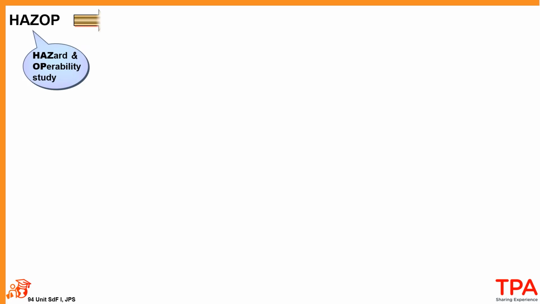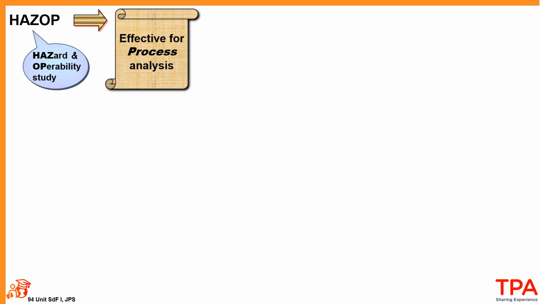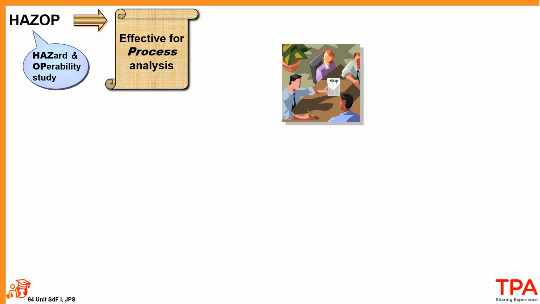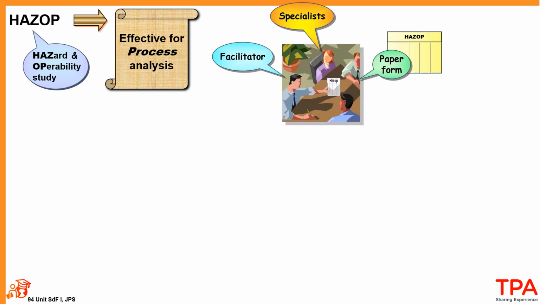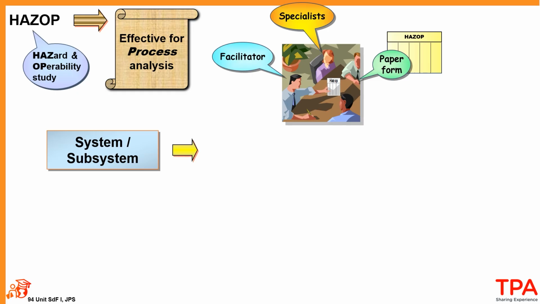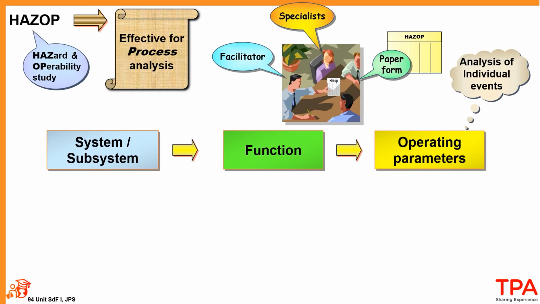HAZOP is another popular inductive approach. It proves to be very effective to deal with industrial processes. Its originality is that it is performed by a group of persons around a table. Again, they fill in a textual form with several standardized columns. The system and subsystem under analysis, the function achieved by this subsystem, and the operating parameters involved.